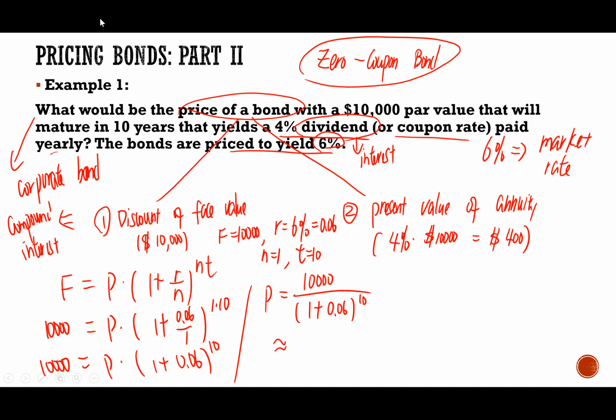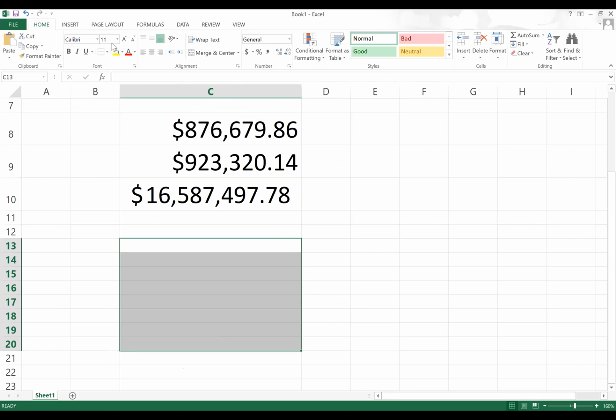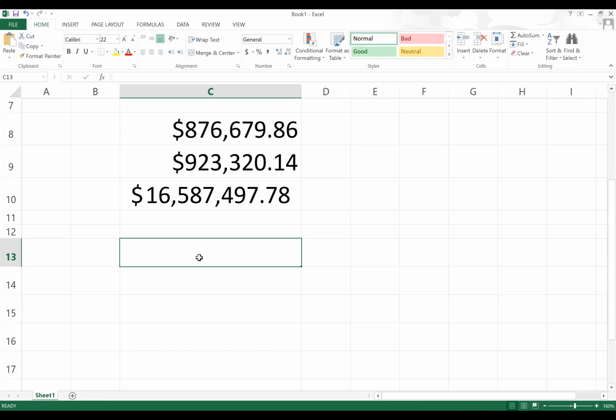$10,000 in 10 years is worth a lot less, as I mentioned. That's the time value of money. Let's see how much it is worth: 10,000 divided by parentheses 1 plus 0.06, close parentheses, raised to the 10th power.